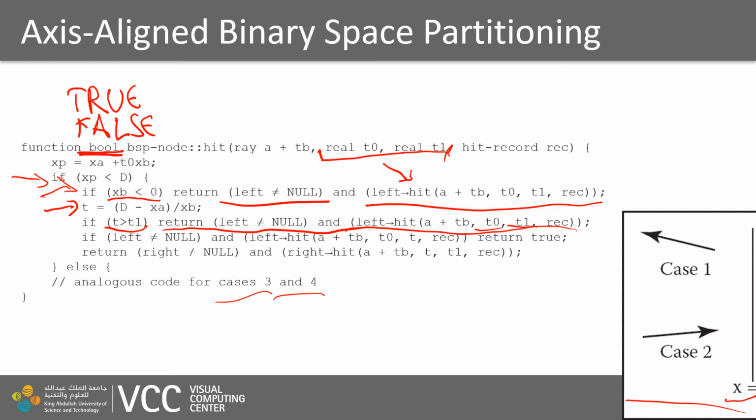If this is not the case, where the T1 will be indeed behind the x equals D, so to say, then we will be evaluating on the left side only hit between the T0 and T, and if this will be both true and the left is not equal to null, then we will return true.